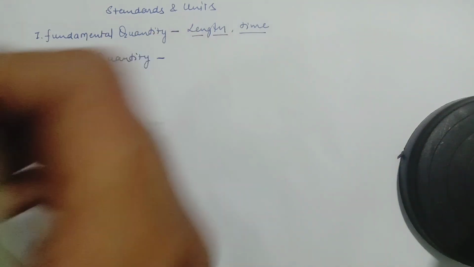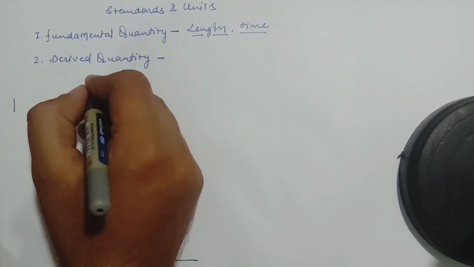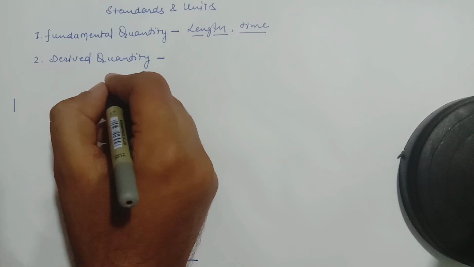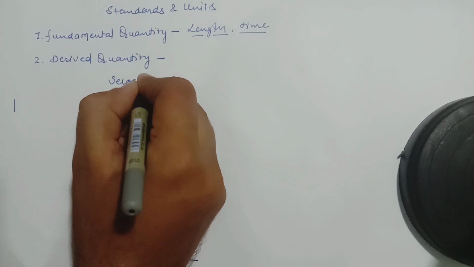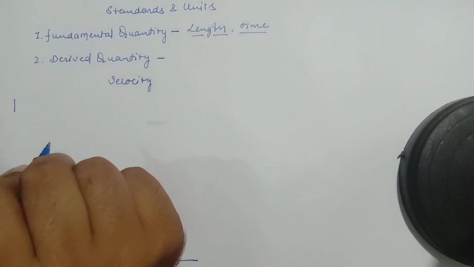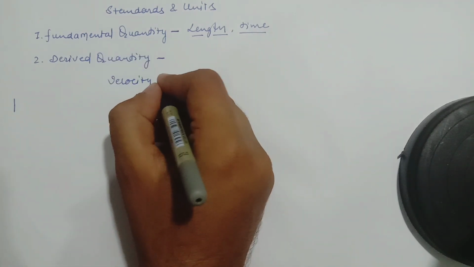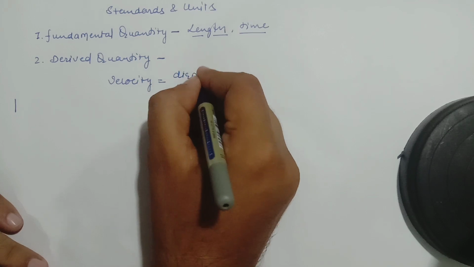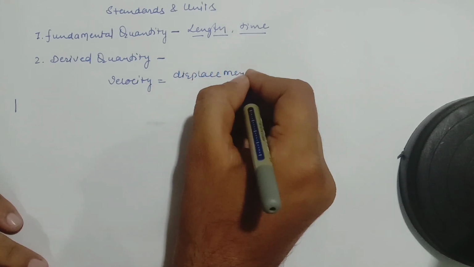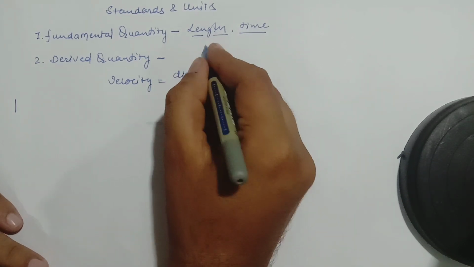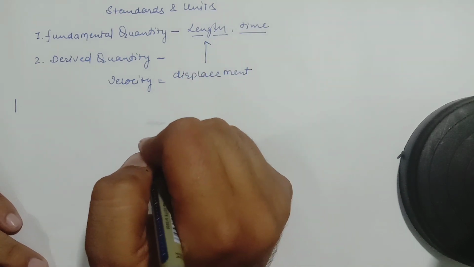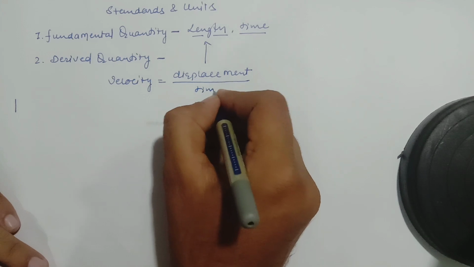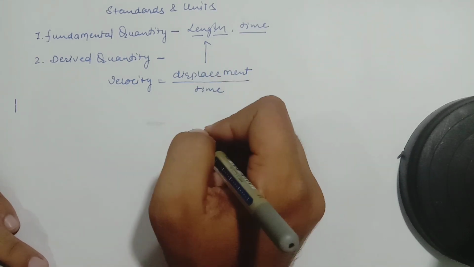How? Have a look at this. Like consider a car going with a particular velocity. Now to measure the velocity of the car, I have to know the displacement covered by the car, which is again equivalent to the length, and the time taken by the car to cover the displacement.